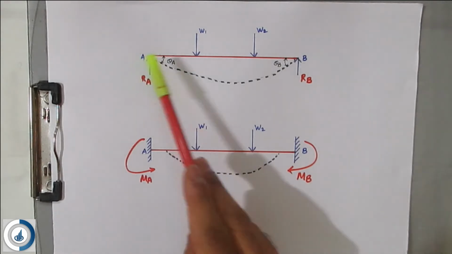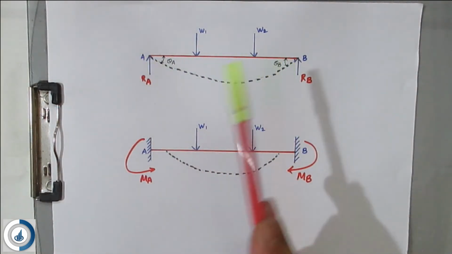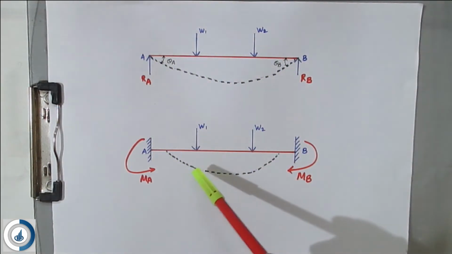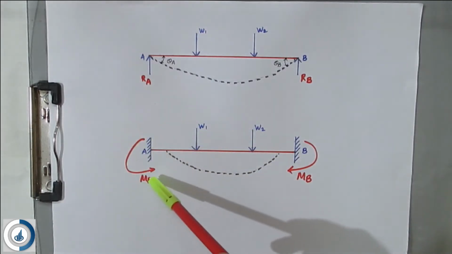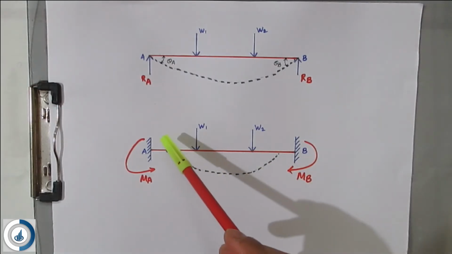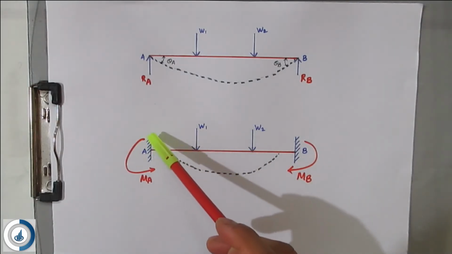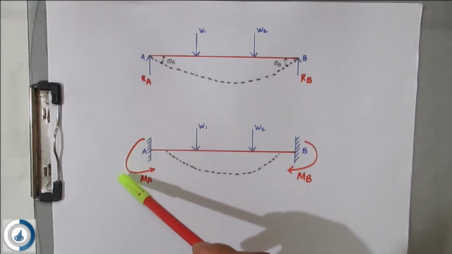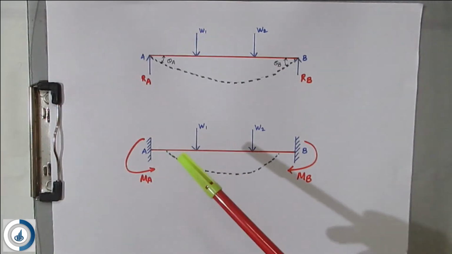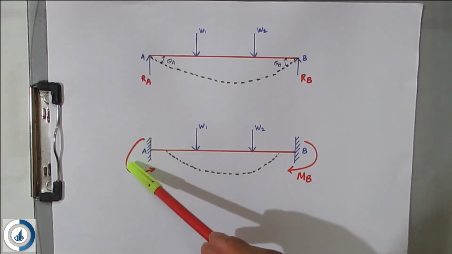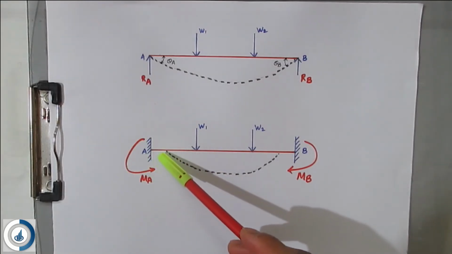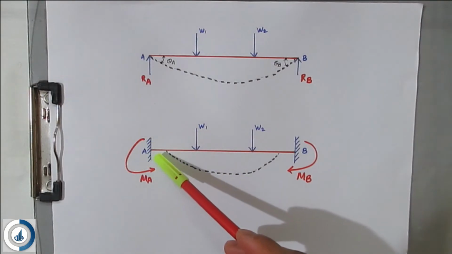Only two vertical reactions are present, whereas the clear difference between these two beams is the moment acting at the supports. Here the moment MA is acting anti-clockwise. This moment MA will push the bending pattern upwards and make the slope at A equal to 0.